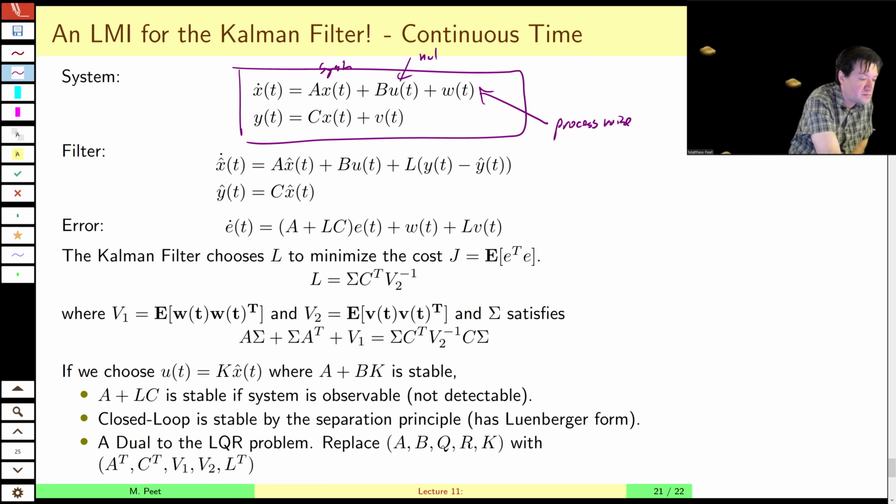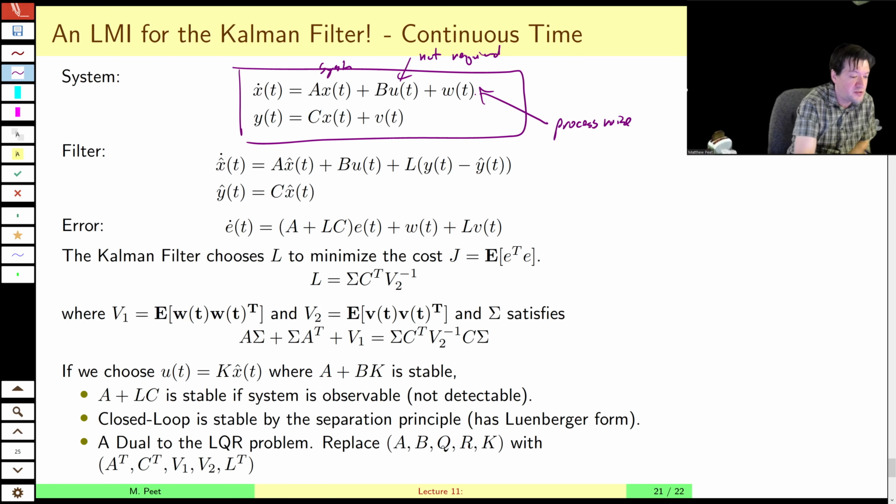It has white noise, unfiltered white noise, so we're going to assume there's no B matrix here. Although it doesn't have to be white noise. In particular, we can have the spectral density of the noise given by a matrix V. So that's process noise.